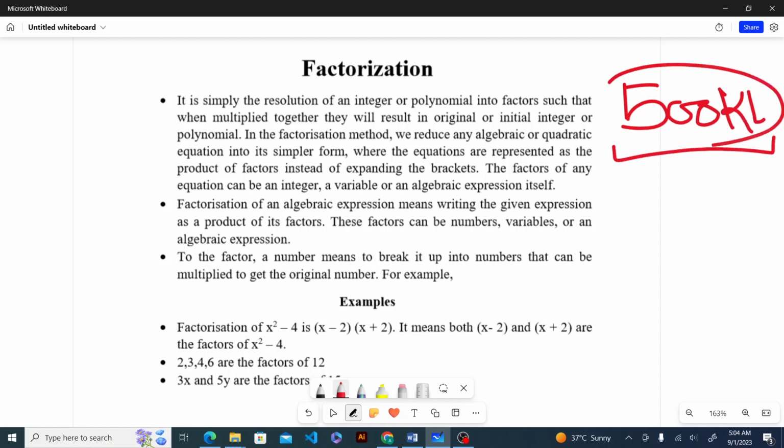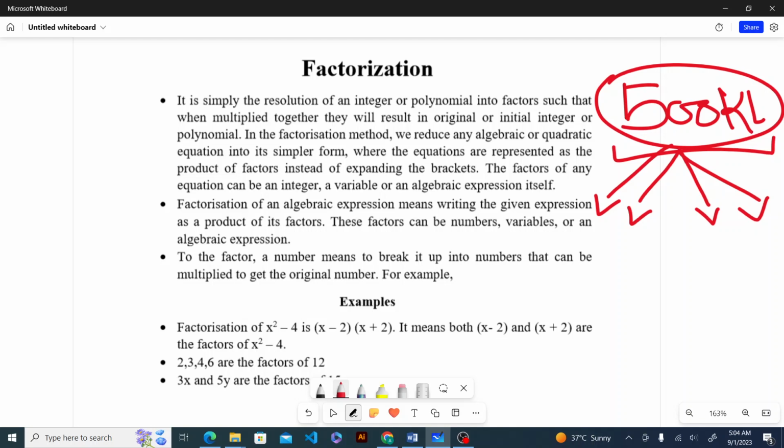So you can write it, you can decompose it. How you can decompose it? You can write this term 500 KL in terms of its factors. Factors are those numbers or variables or expressions which divide 500 KL without any remainder.